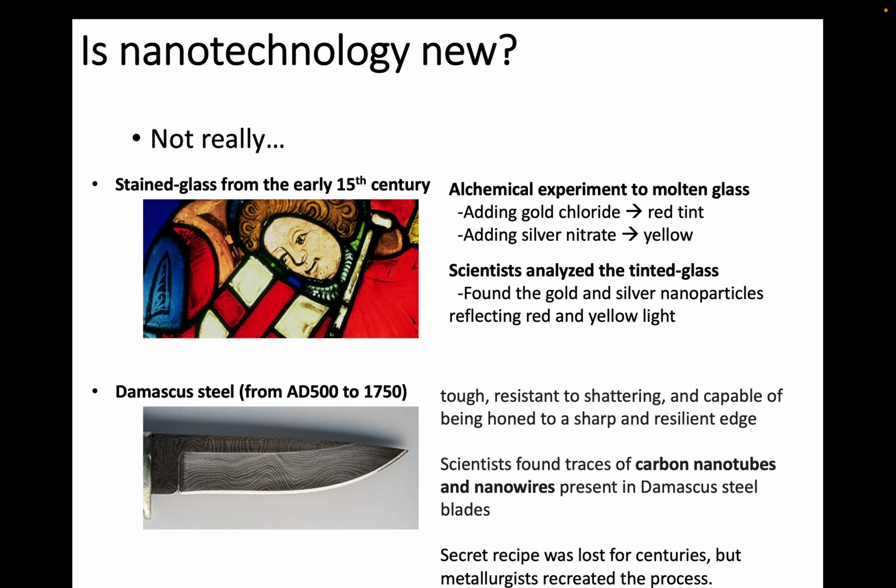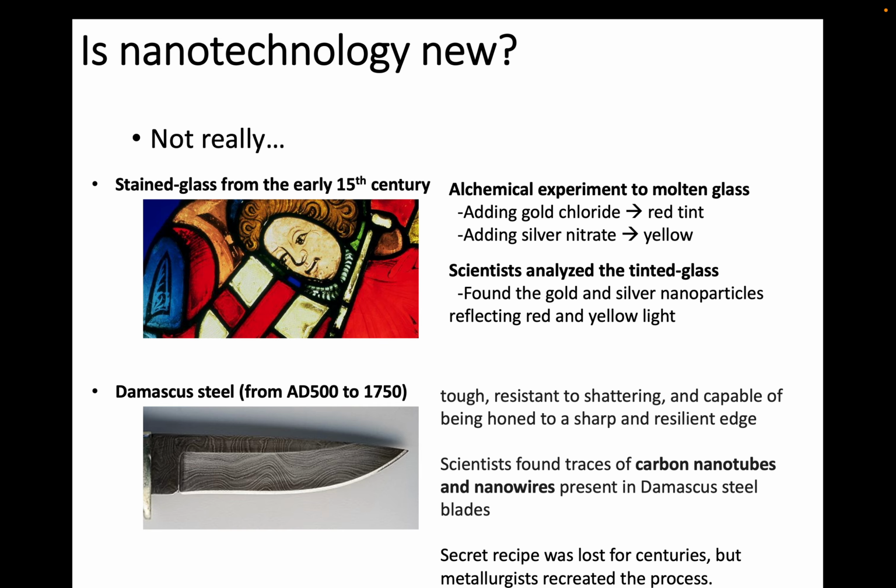Okay, so again, they were producing knives made of Damascus steel. Through practice and experience, they learned how to make a better blade, right? And they were essentially producing carbon nanotubes and nanowires, okay? So again, without knowing these were present, just by experimenting and experience, they were making better and better material, okay?